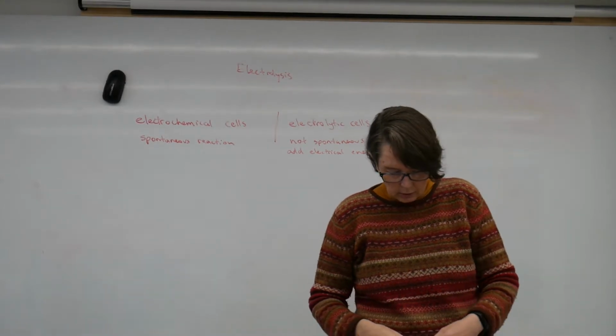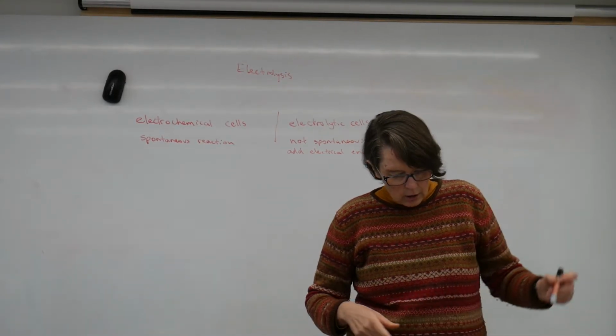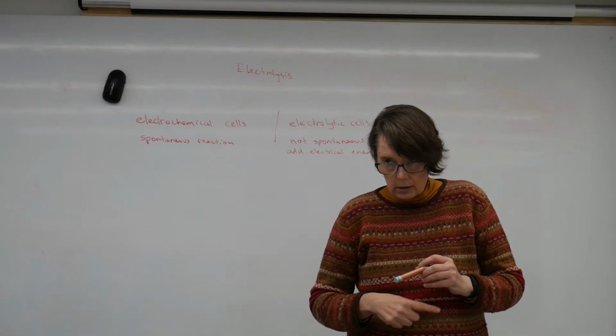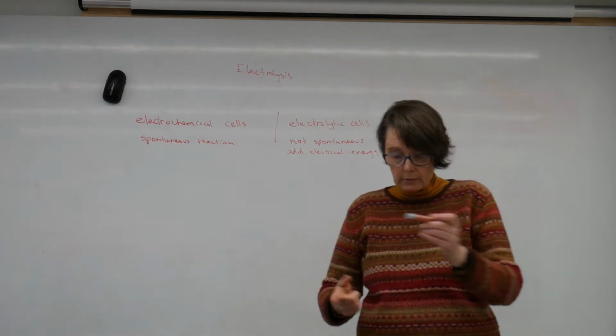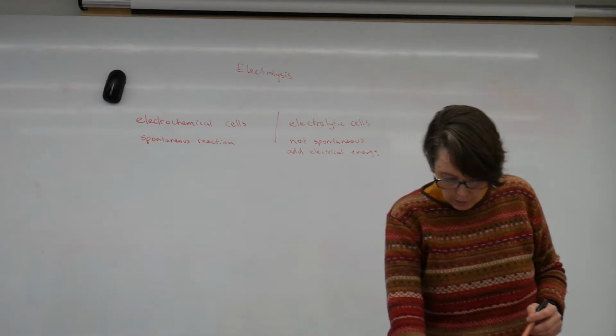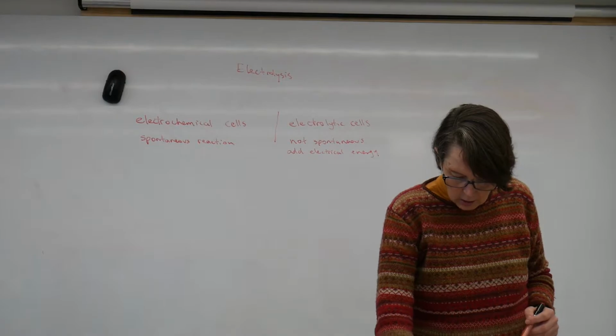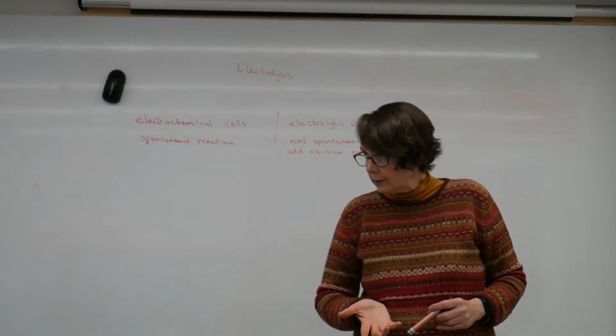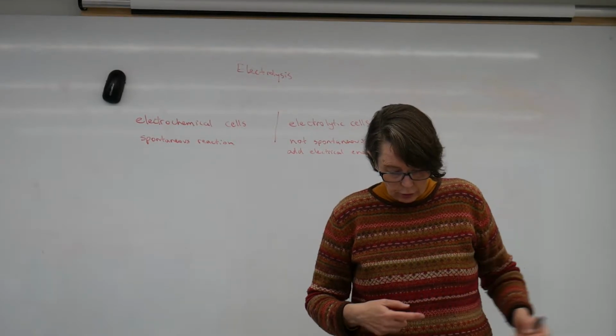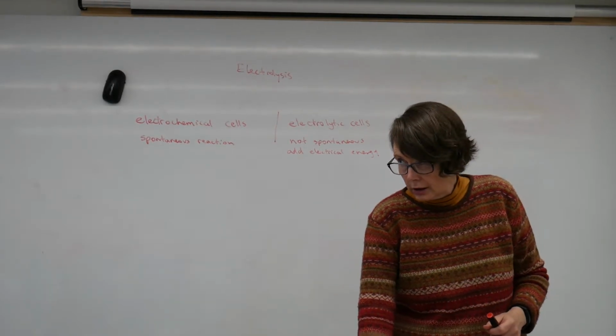And we've got this little diagram down the bottom of page 5 showing us how these electrochemical cells and electrolytic cells are related. So the electrochemical cell is using chemical energy, but the electrolytic cell is using electrical energy.